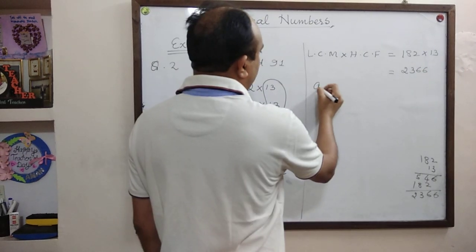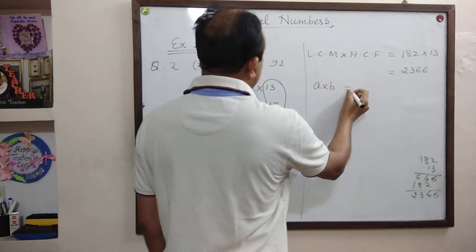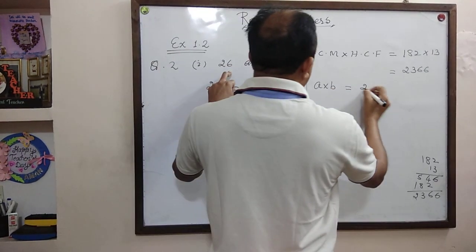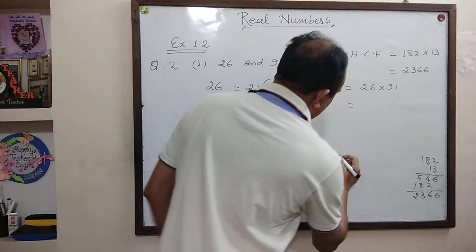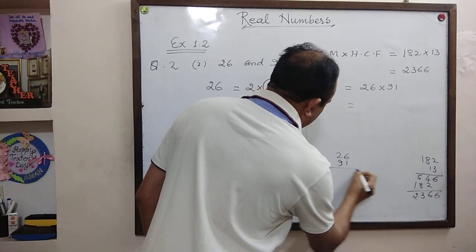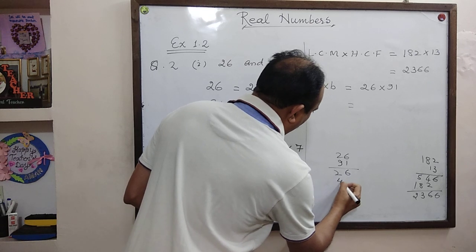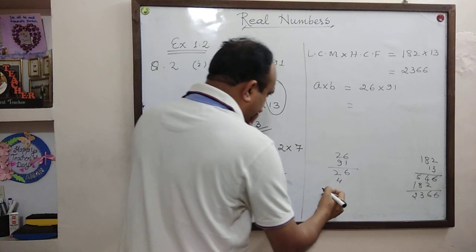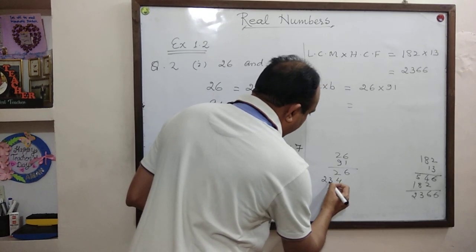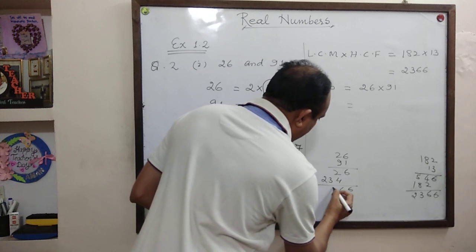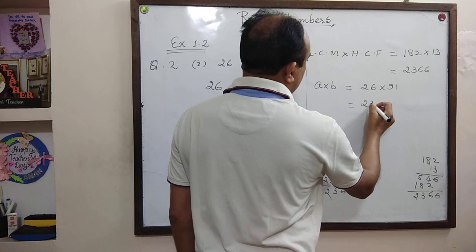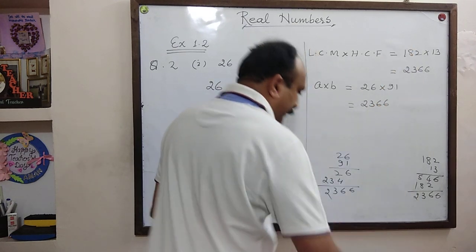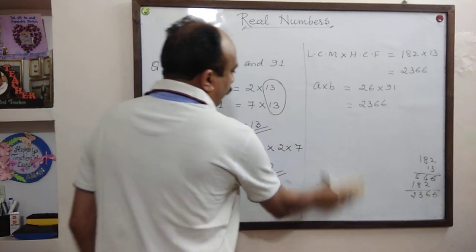Now we are going to find the product of the numbers, that is A into B. A into B means 26 into 91. Do 26 into 91. See, that is also 2366. So it is verified.